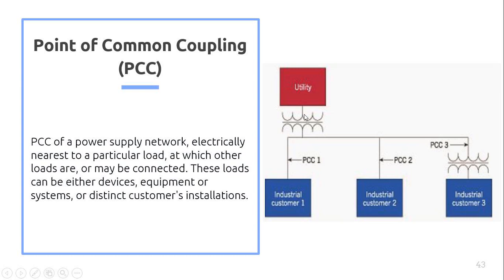So it is very important where we measure all the parameters. The point is the PCC. The PCC of the power supply network is the point electrically nearest to a particular load at which other loads are or may be connected.